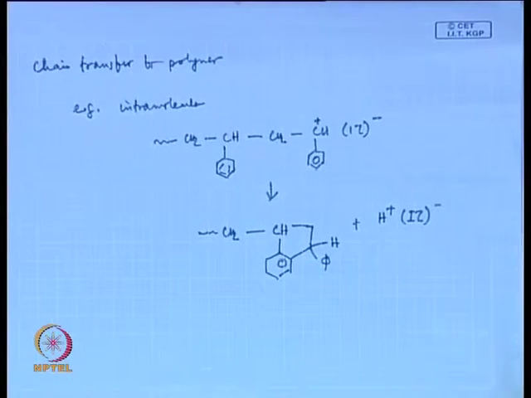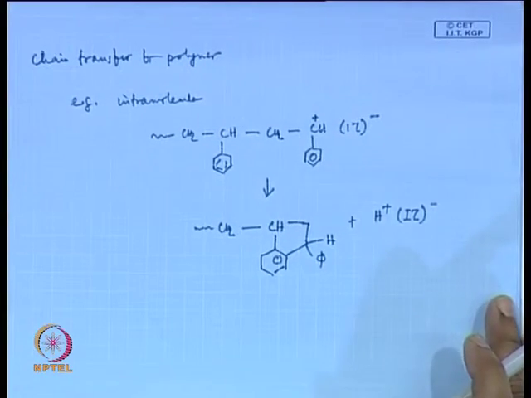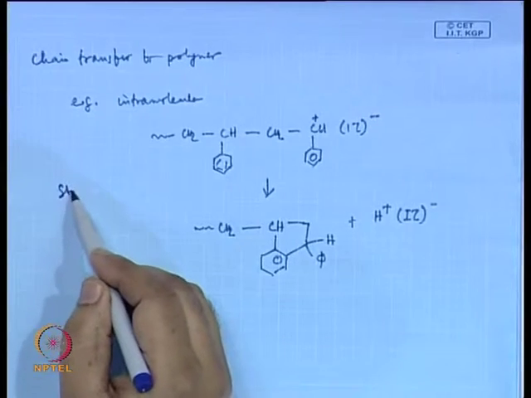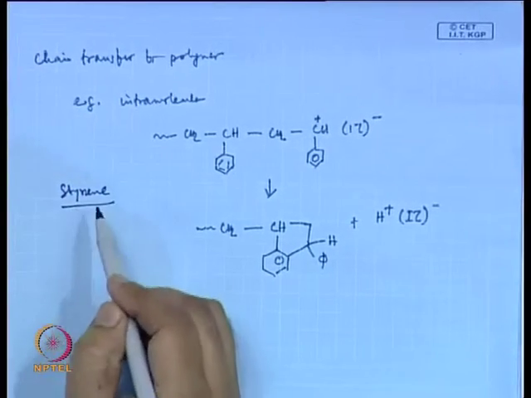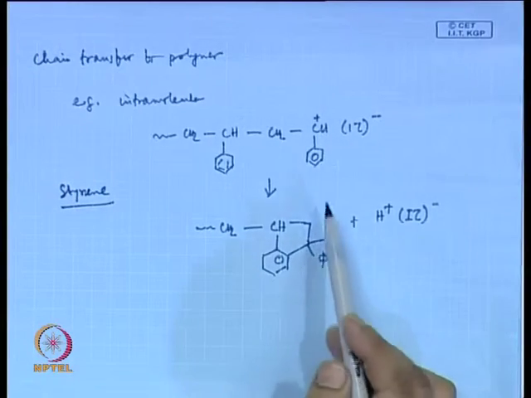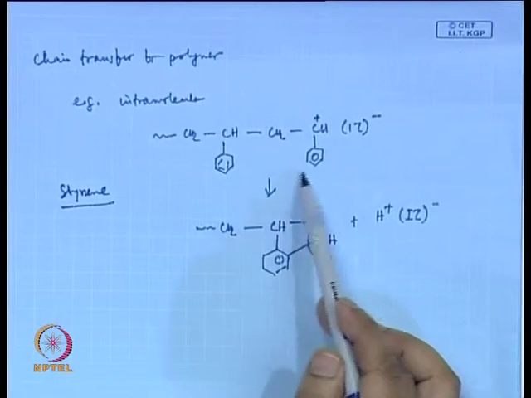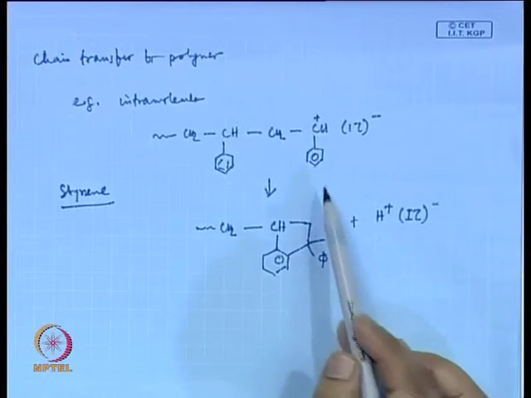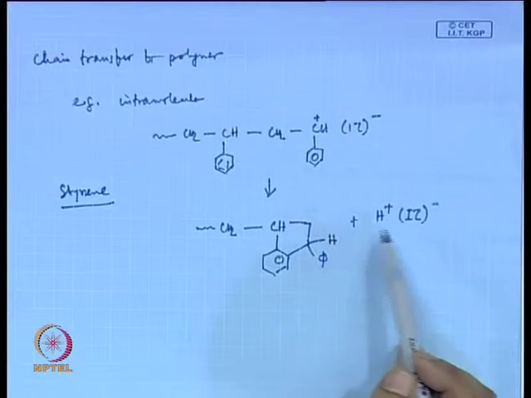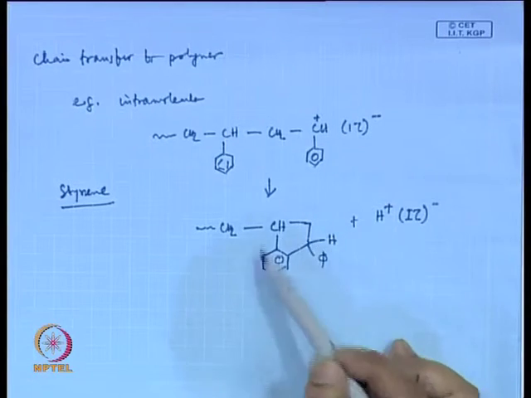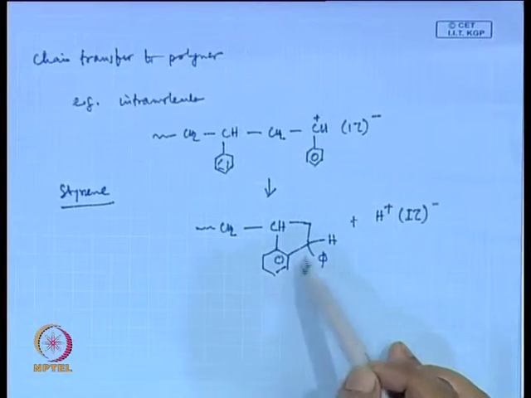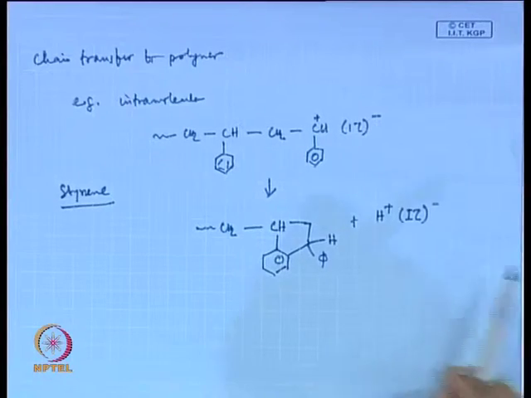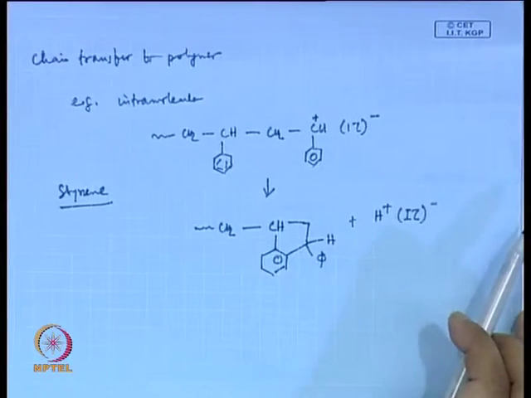Chain transfer to polymer is possible, and for example, this is a styrene cationic polymerization. In this case, intramolecular proton transfer is possible, which actually gives you a dead polymer chain and again an initiator co-initiator complex.